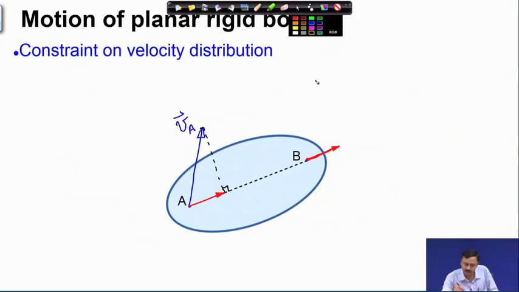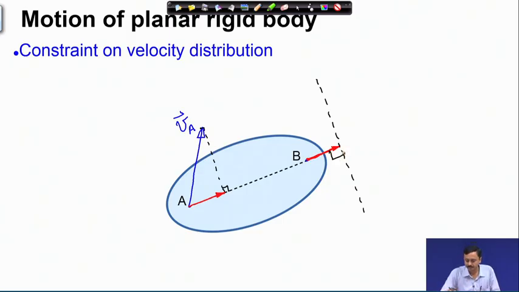So, how do I then determine that? If I take a direction perpendicular to the direction AB on the tip of this red vector, then you can very easily see that the velocity of B can be any vector that must end on this dashed line. So, this could be VB, this could be VB.